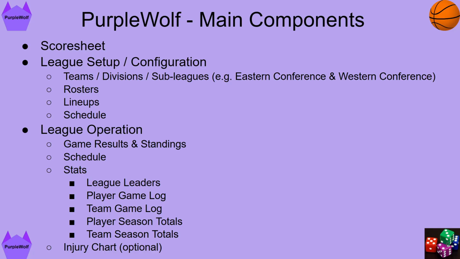That's similar, in a way, to all sports, at least these team sports. It lists specifically what stats it tracks: league leaders, player and team game logs, and then the season totals for players and teams. And it does have an optional injury chart if you want to use it, but it's not required.